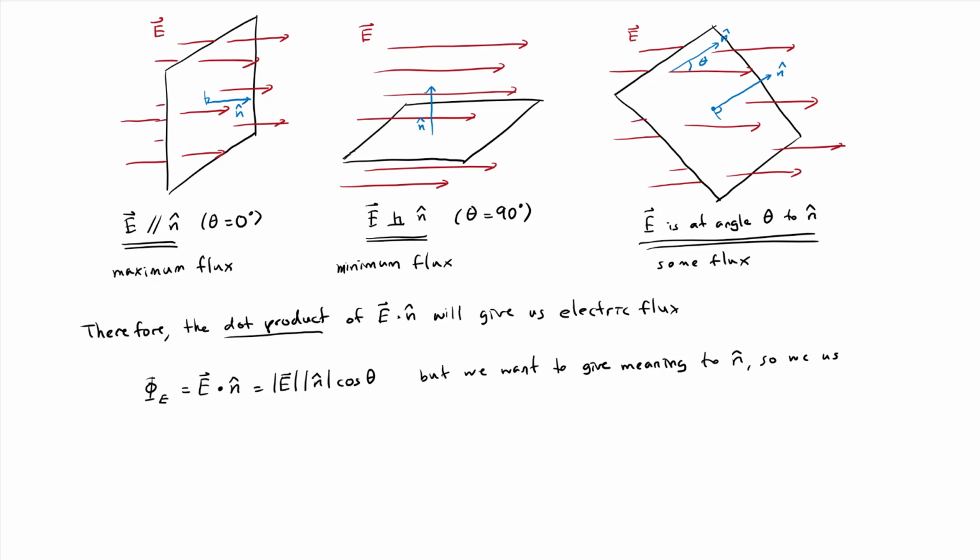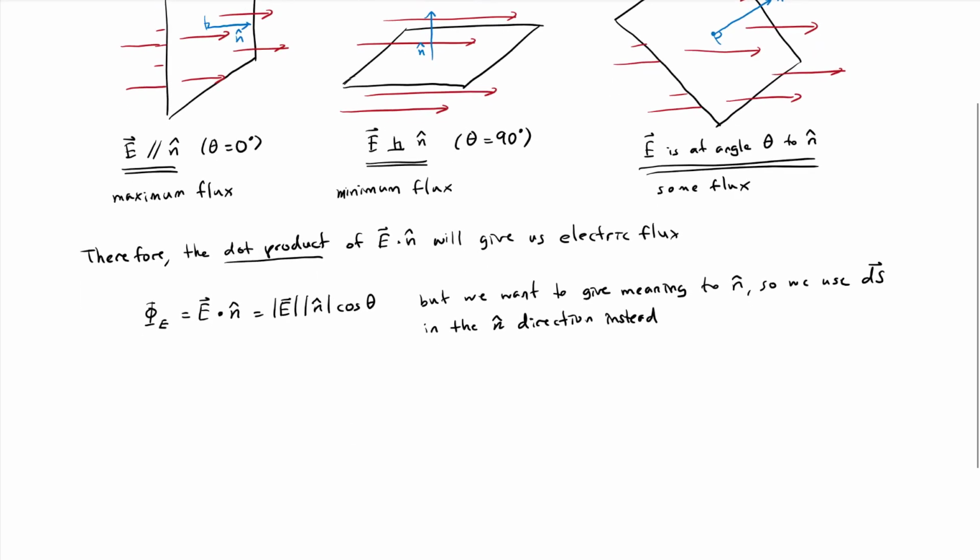So we use ds in the n direction instead. And what this basically means is we have an electric field and it's going to pass through a surface. So then we have a small piece of surface, ds, a differential surface element, and that vector is going to be pointing in the normal direction to the surface.